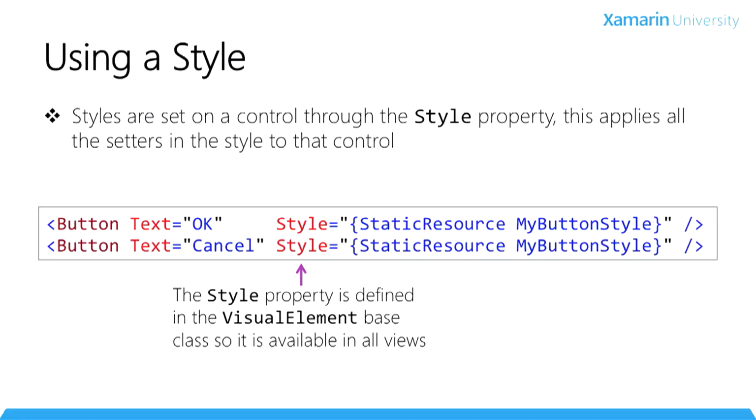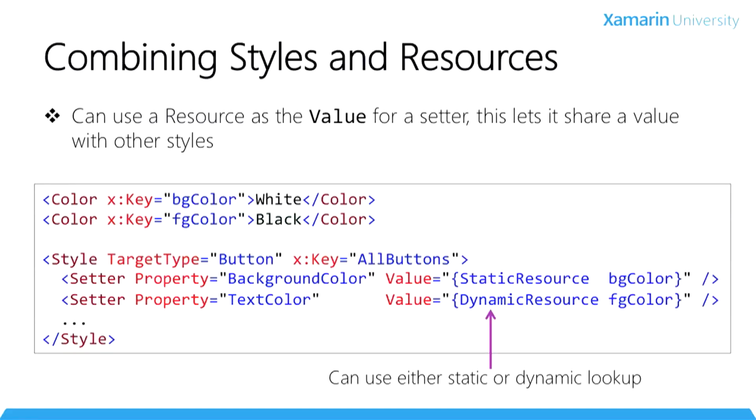The VisualElement class defines a property named Style, and as most controls actually inherit from VisualElement, the property is widely available throughout the inheritance hierarchy of controls. It's also worth mentioning that you can use DynamicResource to assign a style property. If two styles use the same property value, you can factor the value out into a resource and then apply the resource in the two setters.